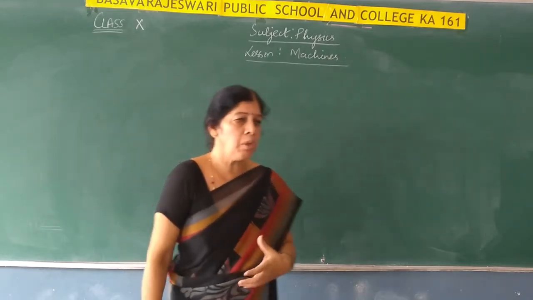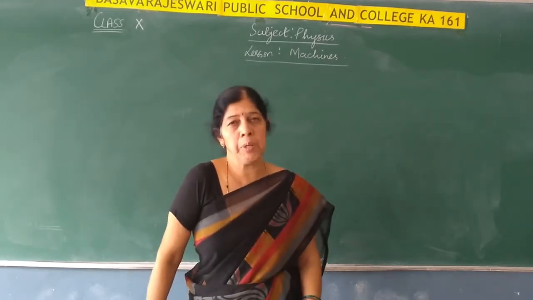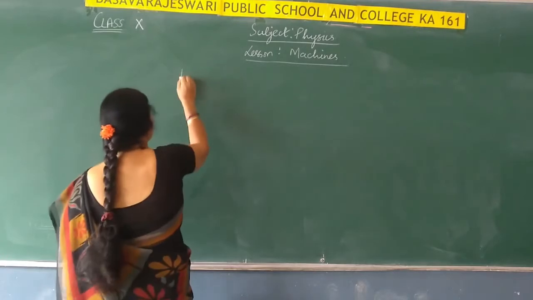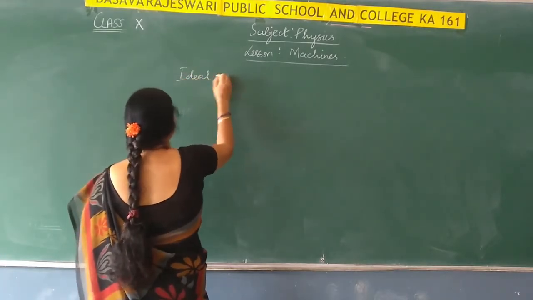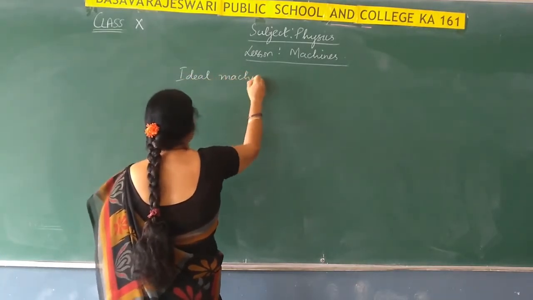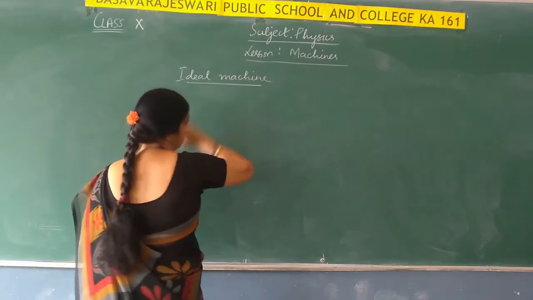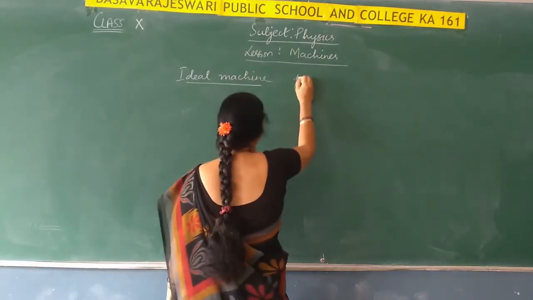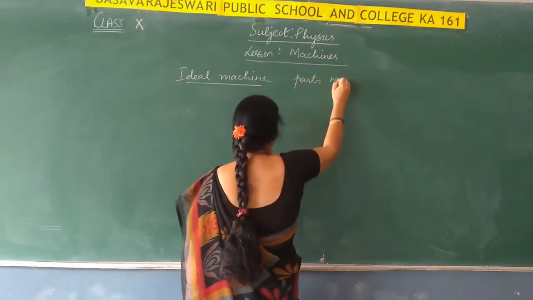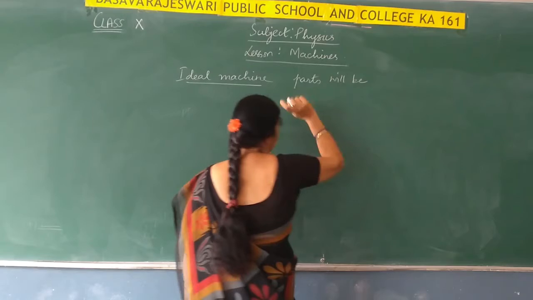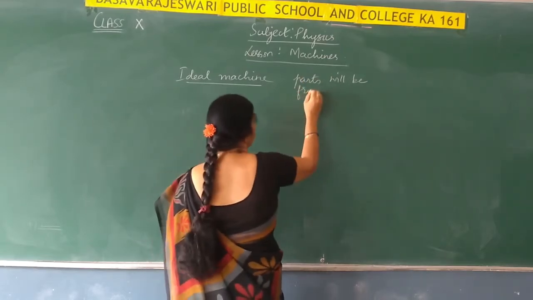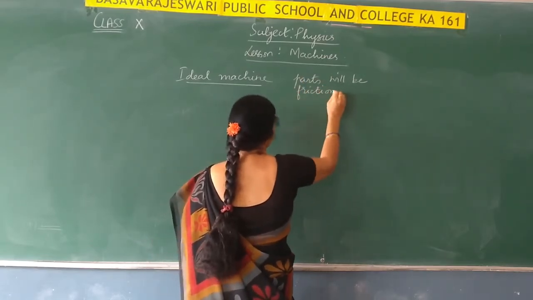Now let us come to an ideal machine and an actual machine. Ideal machine. Ideal machine means what? In an ideal machine, the parts of the machine will be frictionless and weightless.